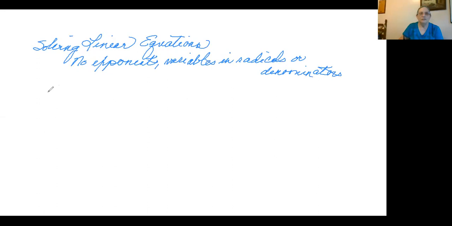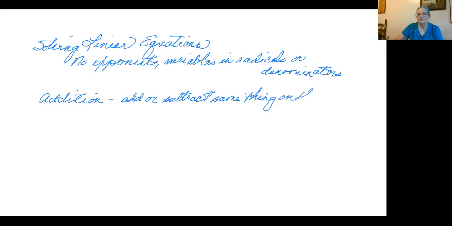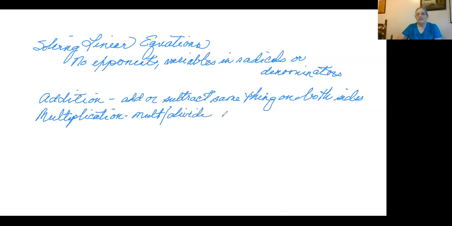So a linear equation is going to basically be something where the only things you'll have available are the addition rule, which states that you can add or subtract the same thing on both sides, and the multiplication rule, that says you can multiply or divide as long as you do the same on both sides.